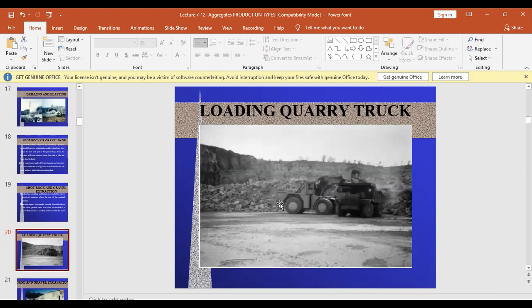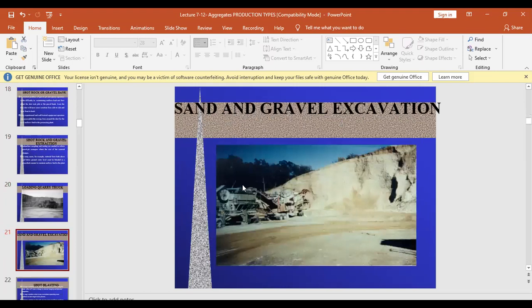Once your material is there, you have to load it onto the truck and transport it to some site where it is processed for further production or further use. In this picture you can see how these sand and gravel excavations take place.